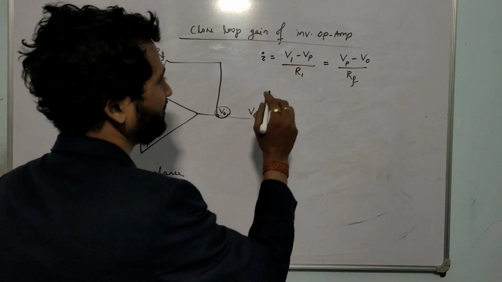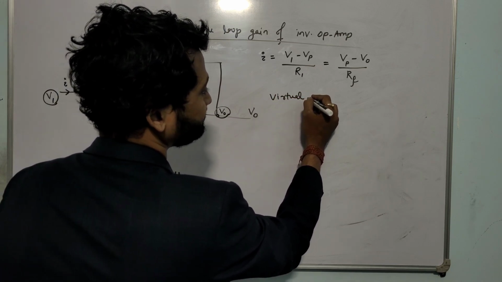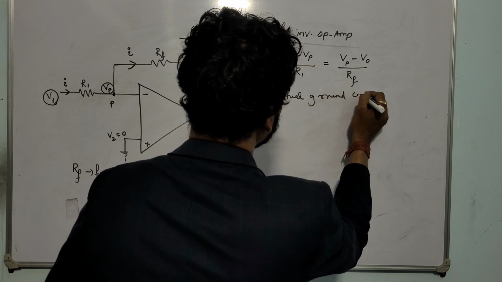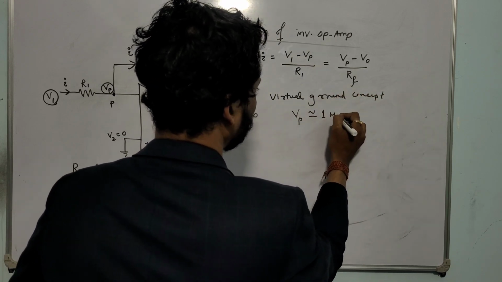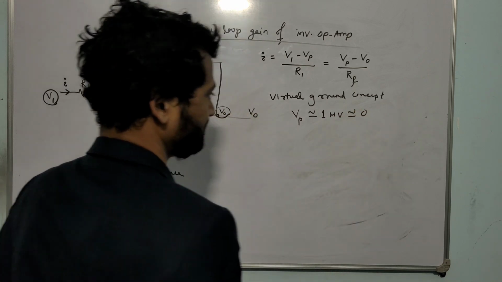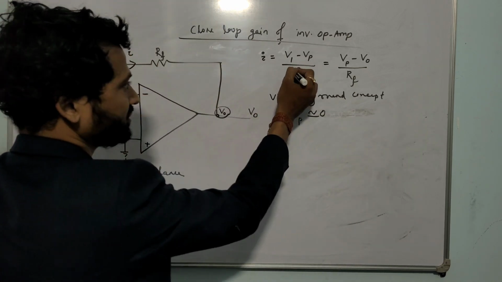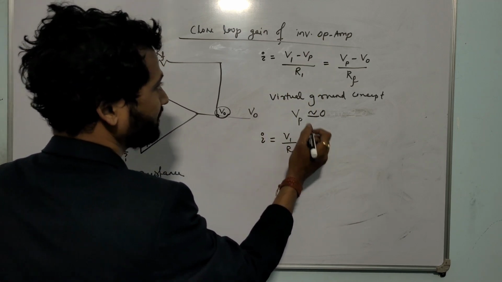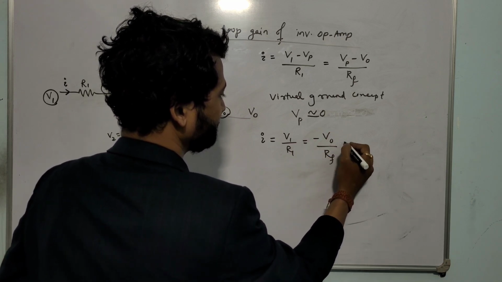Okay. Now we know if we apply the virtual ground concept. Virtual ground concept में क्या था? मैंने क्या बोला था? Vp was near about 1 microvolt, it is near about 0. You can take Vp as 0. So you put here, I will be V1 upon R1, and यहाँ पे 0 डाल दो, so it will be minus V0 upon RF.